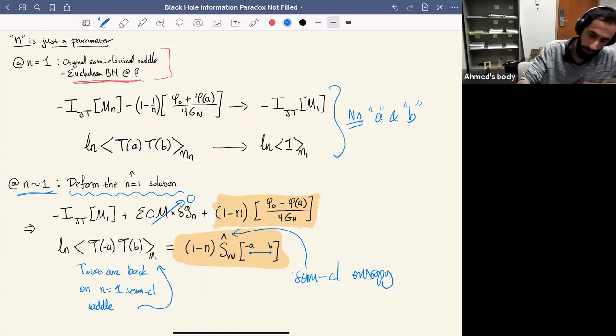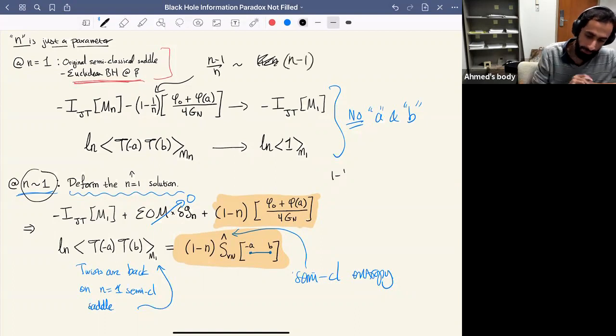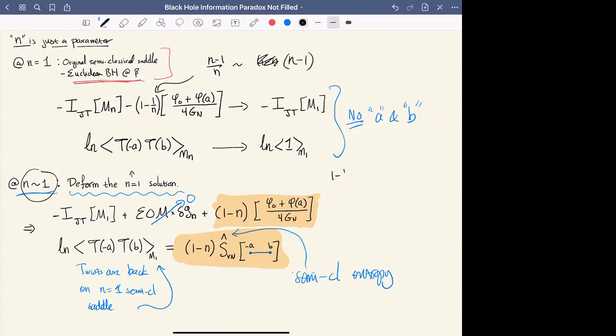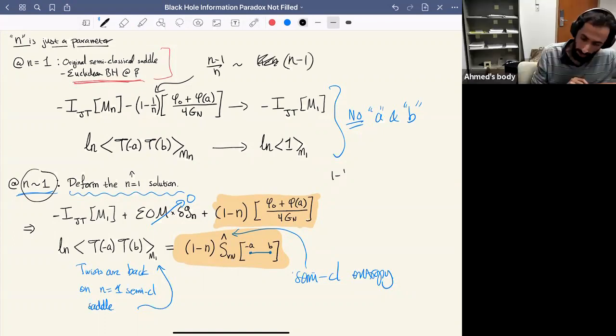Oh, no, this is right, because here I have 1 minus 1 over n, but this thing is just n minus 1 divided by n. But n is near 1. So this thing is approximately 1 minus n. Well, n minus 1. Does that make sense? Yeah. Okay. Any other questions?